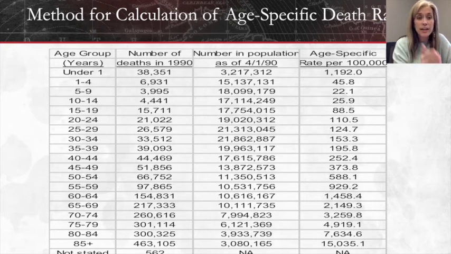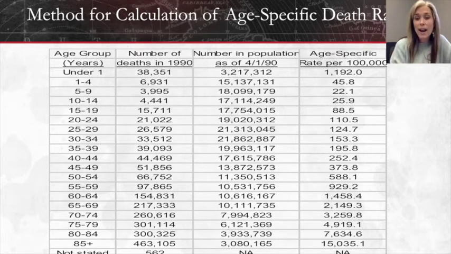Age-specific death rates, looking at the under 1 age group, just set up a proportion where you have 38,000 deaths occurred in 3.2 million people. So if I needed to get that to a proportion that represents 100,000, how many deaths does that represent? Ultimately what you would do is 38 over 3.2 equals X over 100,000.